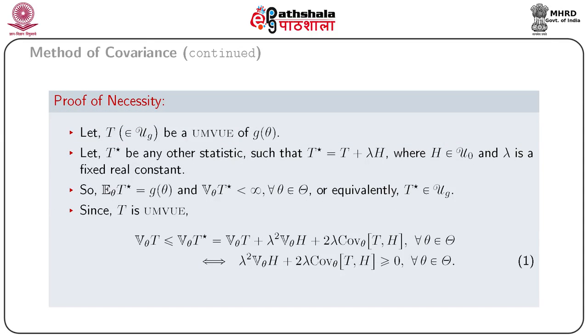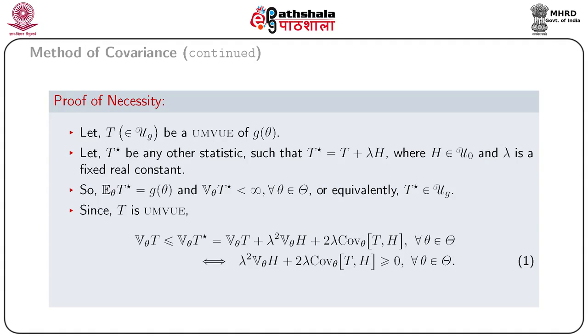Now, we shall prove this method of covariance. First, we shall discuss the only if part. Let T belongs to U_g be a UMVUE of g(theta) and T star be any other statistic such that T star equals T plus lambda times H, where H belongs to U_0 and lambda is a fixed constant.